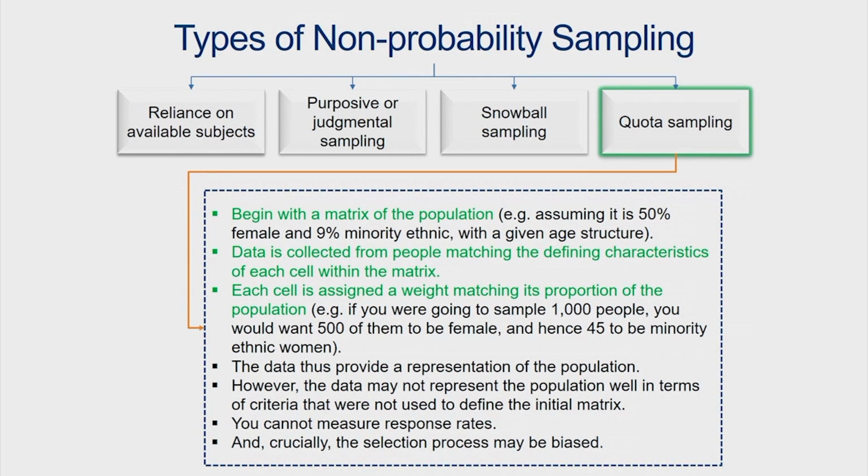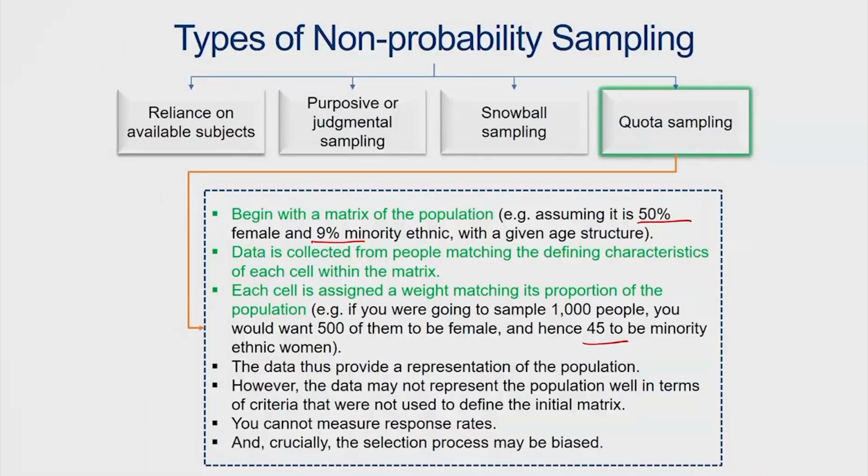For example, if you are going to sample 1000 people, you would want 500 to be female, because you are talking about 50% female here. You will have 45 minority ethnic women, because you have already identified 9% minority ethnic. So, the data thus provide a representation of the population, because you know that in this population 50% are women, 9% are minority ethnic.